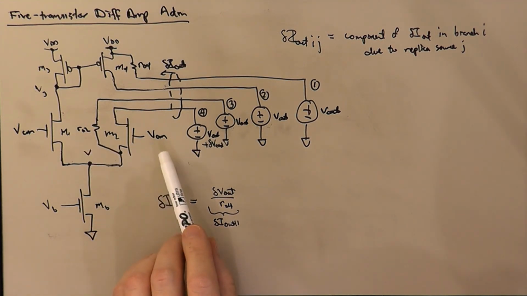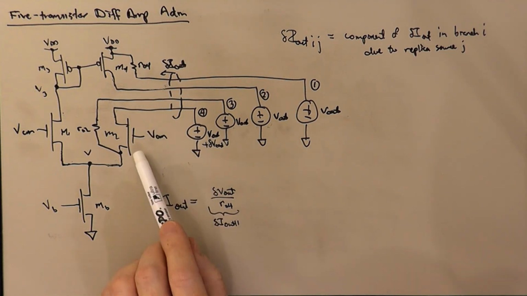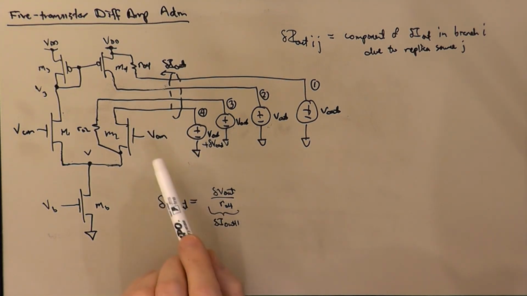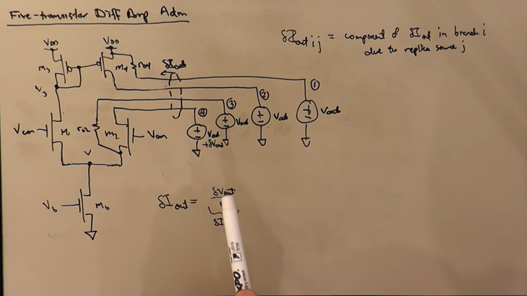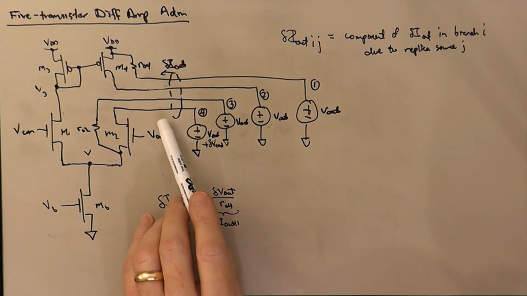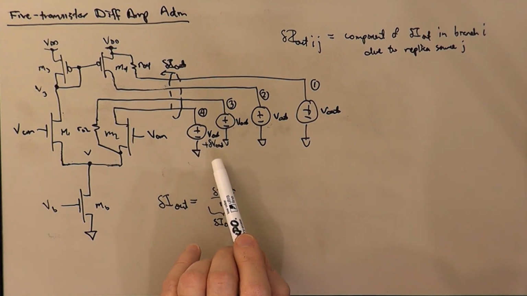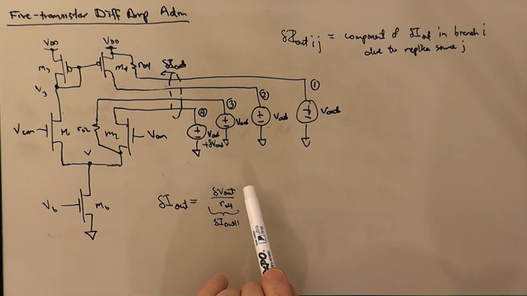And so there is no delta I out 4 because we're talking to the drain of M2, and it's acting like a current source. And so all 4 components of delta I out due to delta V out on branch 4 are 0. So now we've considered 12 out of the 16 possible components, and 11 out of those 12 have been 0.